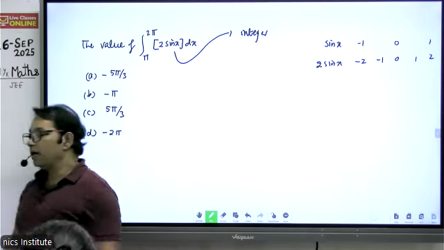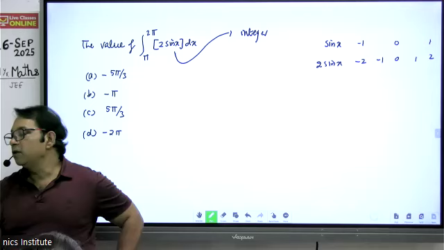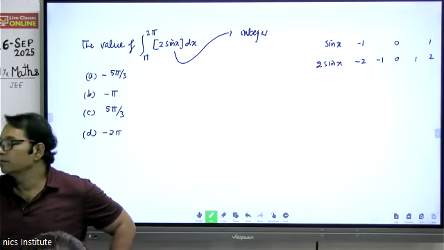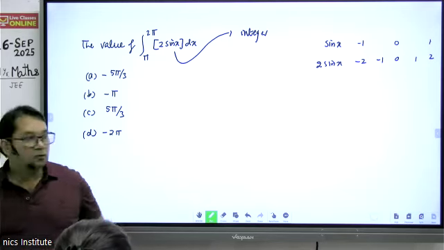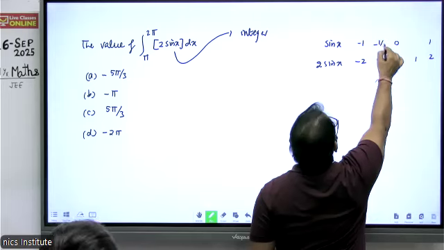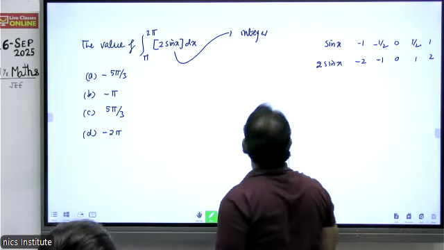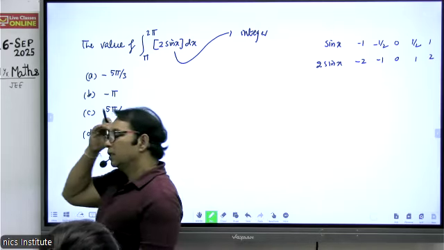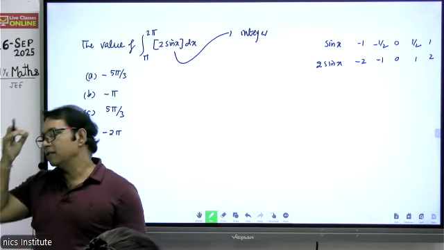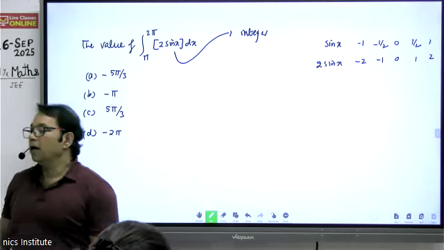So value of 2 sin x would be -2, -1, 0, 1 and 2. So sin x will be -1 by 2, 1 by 2. So we'll break the limits for x such that sin x is -1, minus half, 0, half and 1.